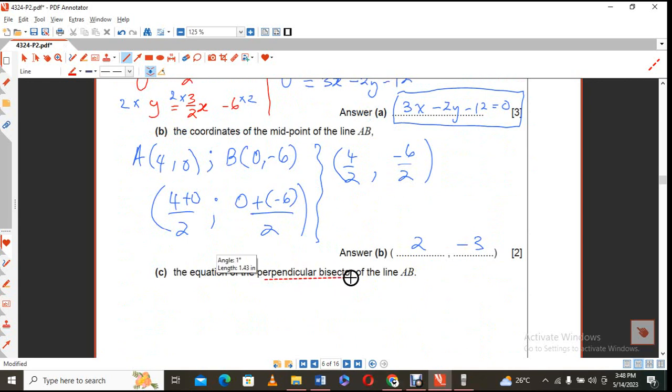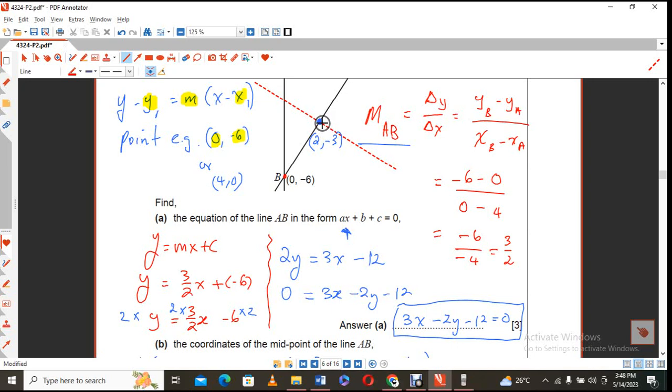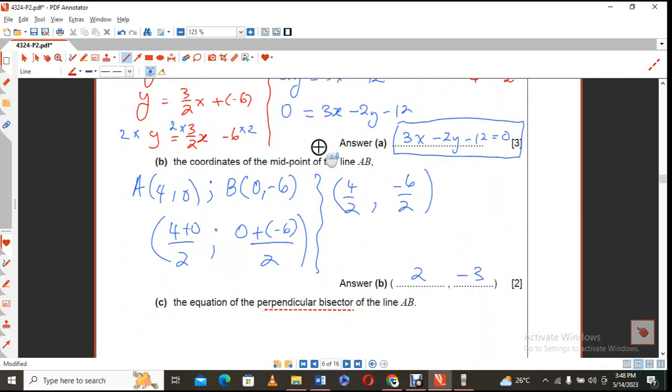The line and our line meet at this point, 2 comma -3, so I'm going to write that midpoint down. I'm going to call it M, 2 comma -3.